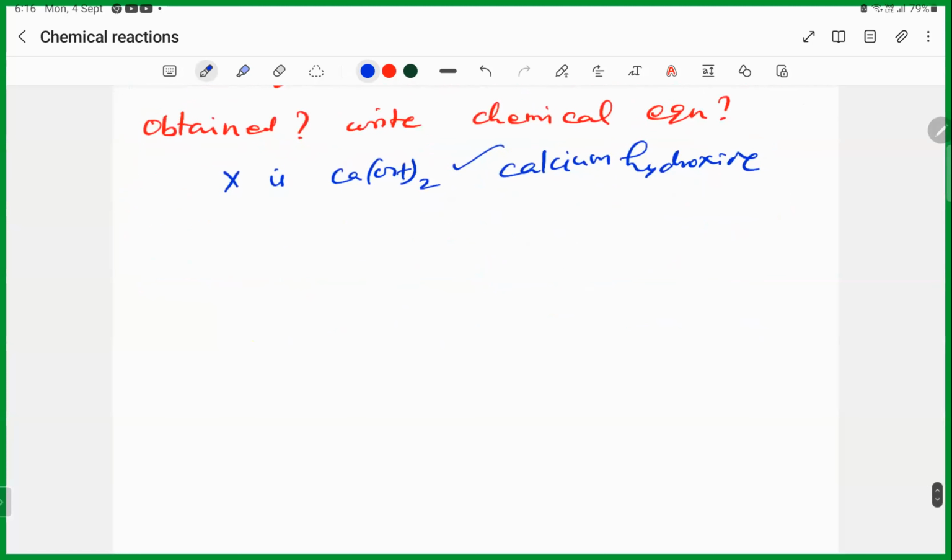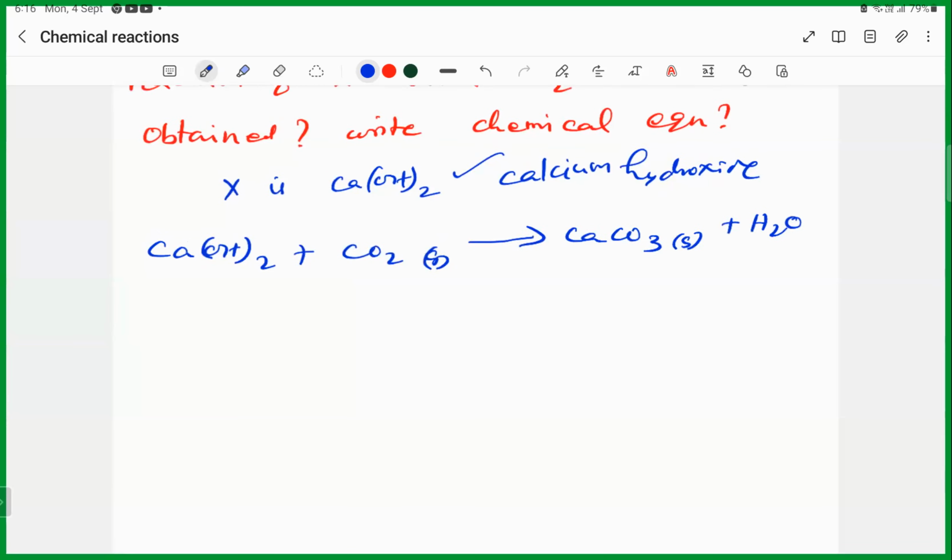Sir, carbon dioxide gives calcium carbonate plus H2O. White precipitate. Okay. So how is it obtained? How will you prepare that calcium hydroxide?